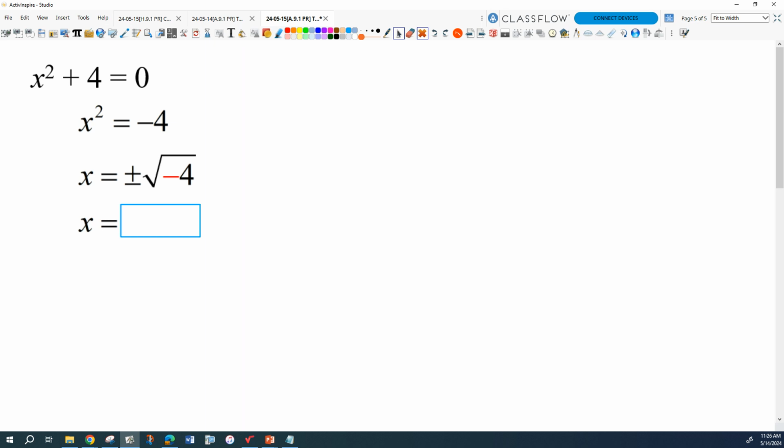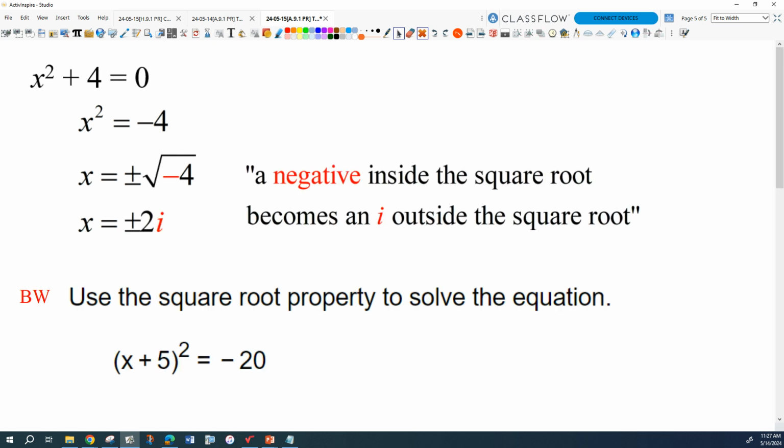Okay, negative inside a square root becomes an i outside, right? It's not a real solution. It's an imaginary solution, but it's still a solution, right? Negative inside becomes an i outside, and the square root of 4 becomes a 2. So I get plus or minus 2i. Make sense? Okay. Go try one on the board.